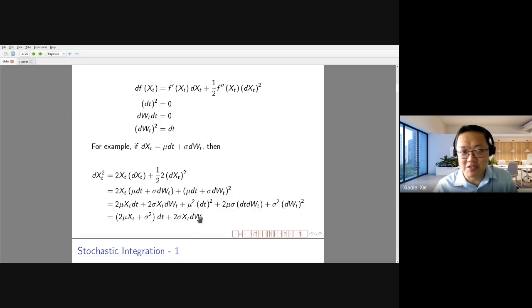So the dW_t here is from the first derivative of the square, and we carry this dW_t term to the end, and then there's another contribution in the form of dt from squaring the differential of X_t, and in the end we get the first term here.